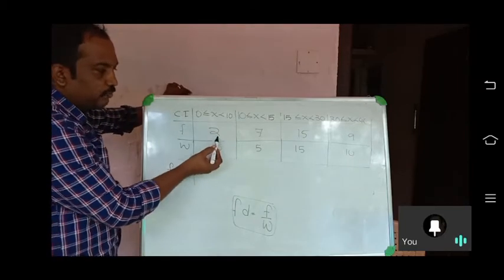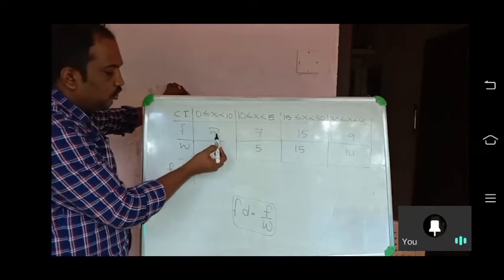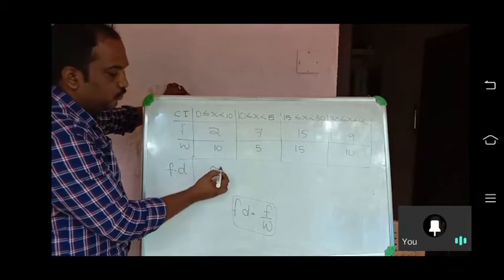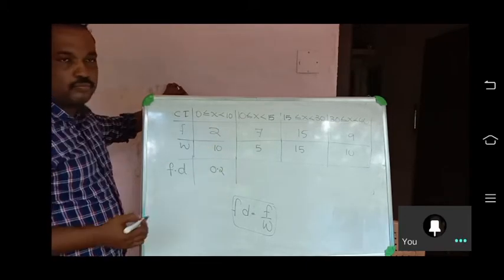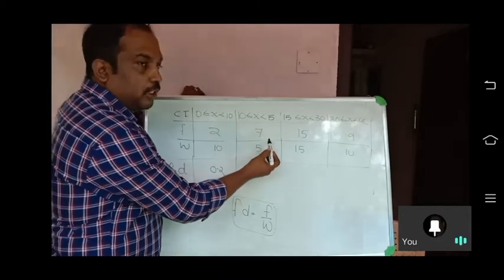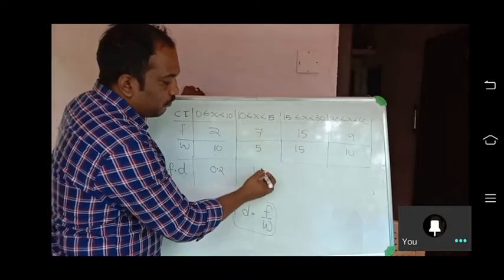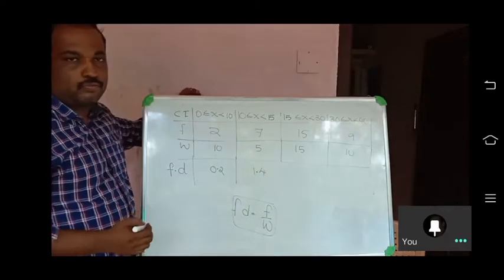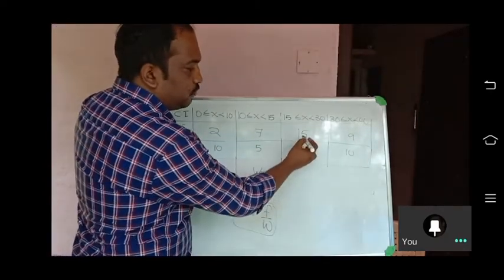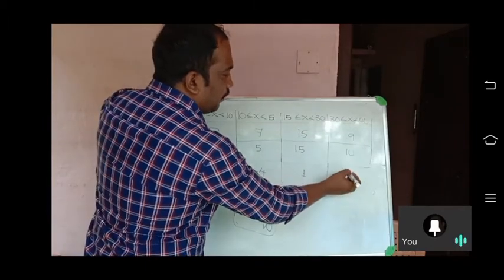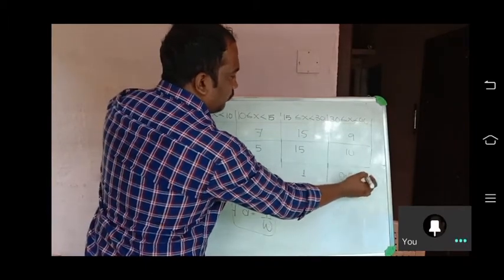Here, frequency 2 by width 10 gives 0.2. 7 divided by 5 is 1.4. 15 divided by 15 is 1. 9 divided by 10 is 0.9.